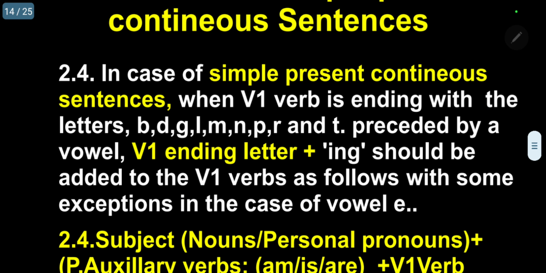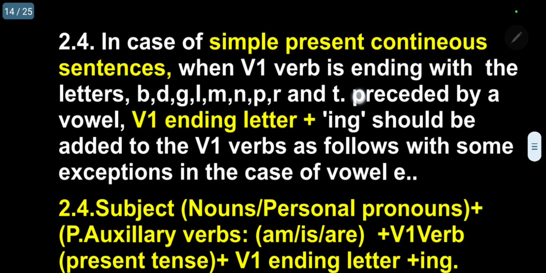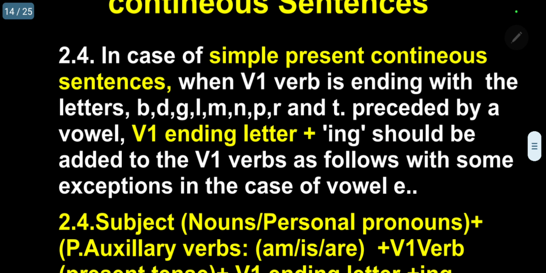In the case of simple present continuous sentences, when the V1 verb ends with the letters B, D, G, L, M, N, P, R, and T, preceded by a vowel, please follow.